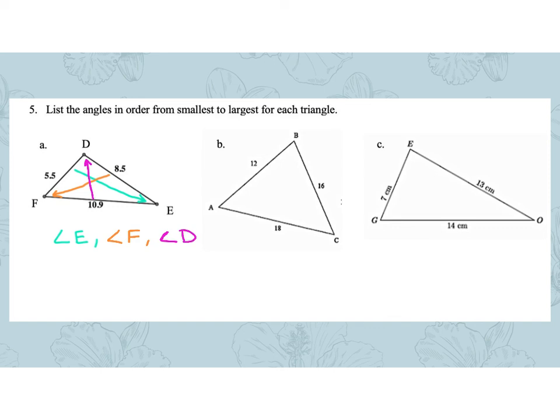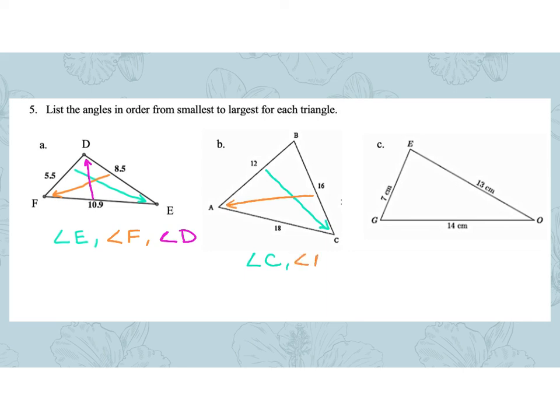For B, I want to locate the shortest side, that's side AB, 12, and draw an arrow across to the opposite angle. Angle C would be the smallest angle. Next, I see 16, or side BC, and I'll draw an arrow across to the opposite angle.